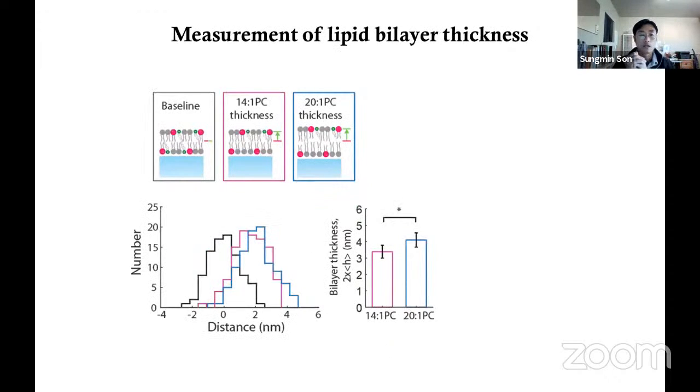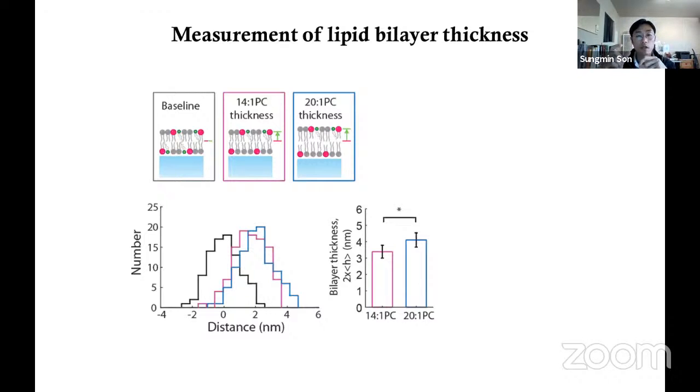All right. So now we have the principle, and we took care of the measurement method with calibration. Now we wanted to push the limit of our measurement. In this case, we try to resolve the thickness of two different lipid bilayers composed of different acyl chain lengths. Measurements of lipid bilayers should be doable because lipid bilayer thickness is about 3 to 4 nanometers.